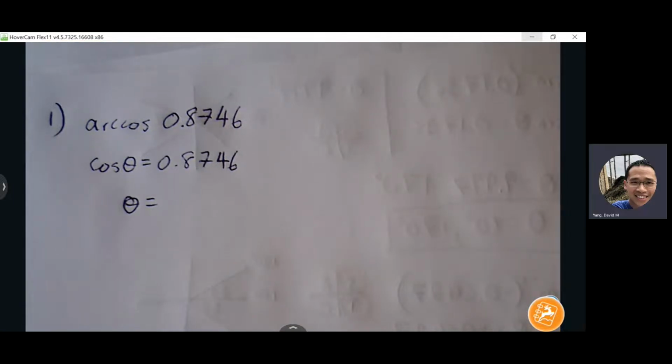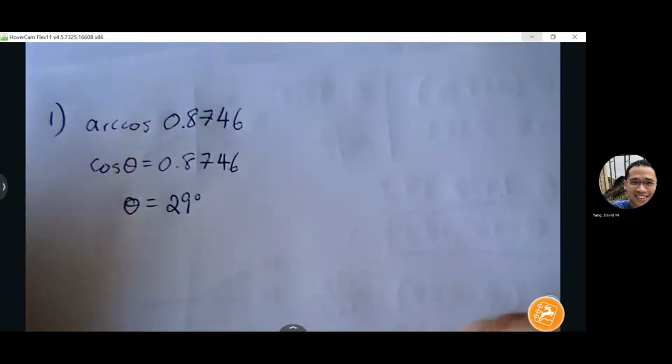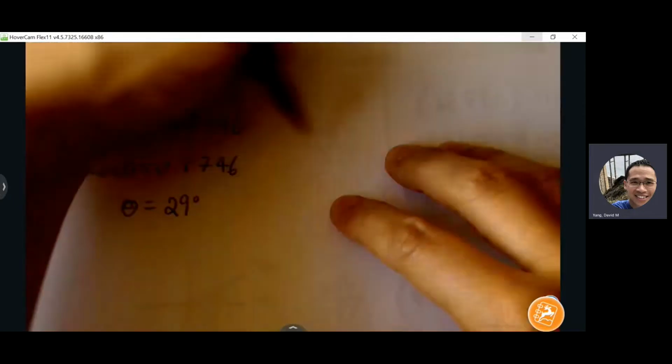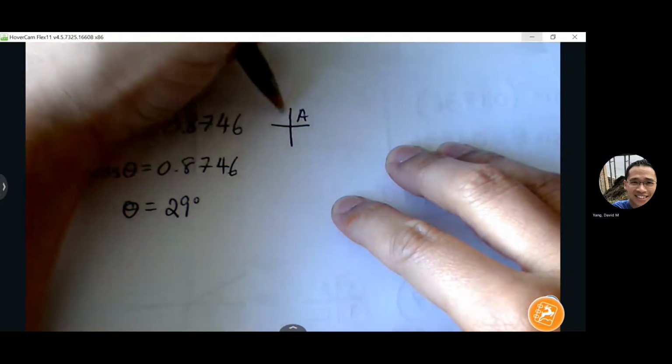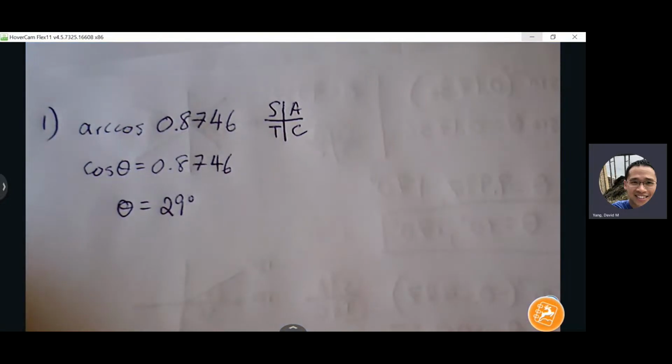Okay, enter into your calculator. What do you get for theta? 29, okay. We gotta make some adjustments potentially. Which quadrant do we want to be in?